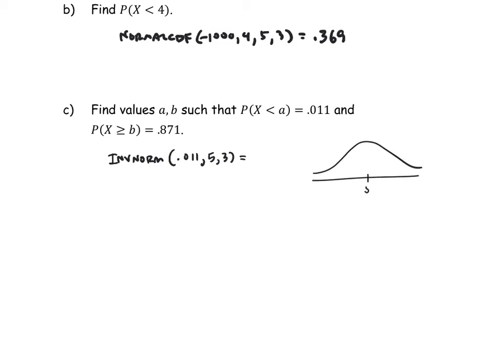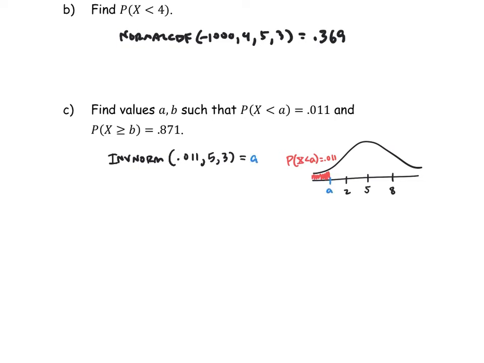So what it's telling us is that if this is 5 and the standard deviation is 3, then if this area right here is 0.011, then our answer will end up being whatever A is.